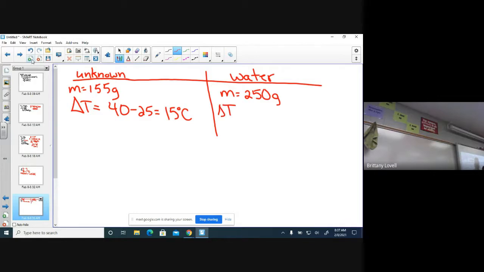So I'm going to put my delta T. The initial temperature was 22. The maximum temperature was 26. TF minus TI.